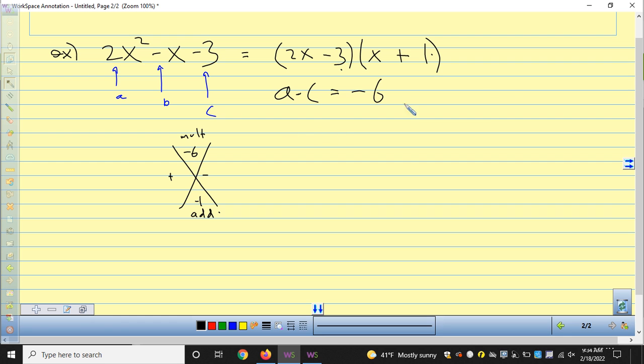Well, let's list our factors of 6. 1 times 6. Well, 1 minus 6 is negative 5, and 6 minus 1 is positive 5. So that doesn't give us a negative 1. 2 times 3. Negative 2 plus 3 is positive 1. 2 minus 3 is negative 1. We're going to use those. And we have to have a minus 3 and a plus 2.